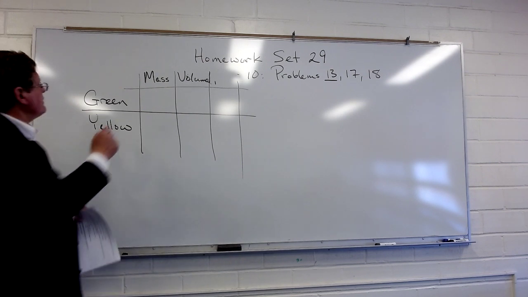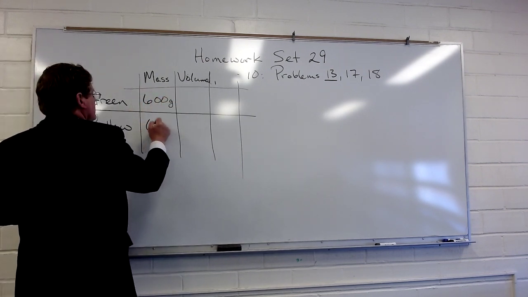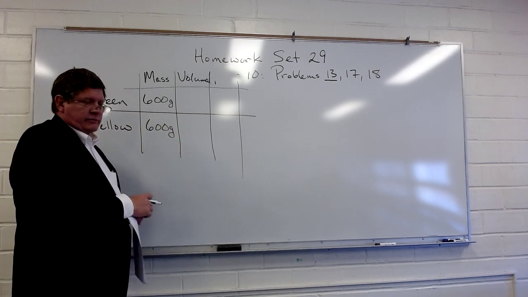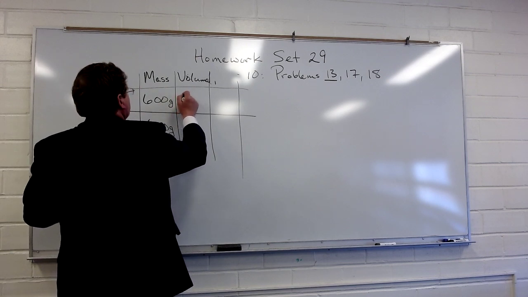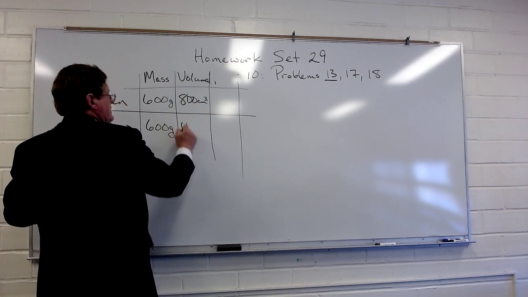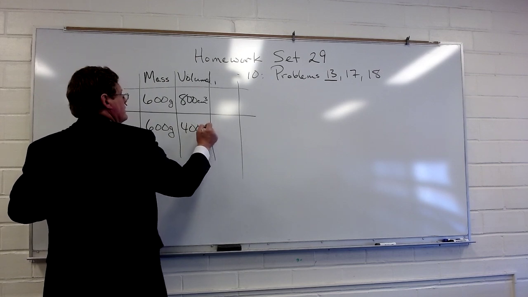That mass is 600 grams. But they have very different volumes by a factor of 2. The green object has a volume of 800 centimeters cubed, and the yellow object has a volume of only 400 centimeters cubed.